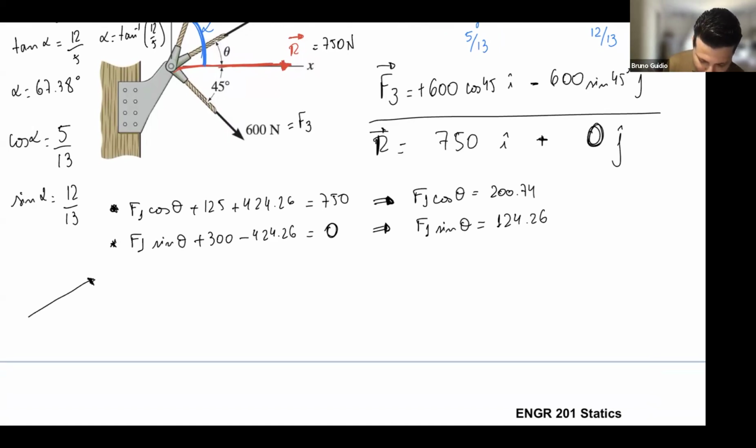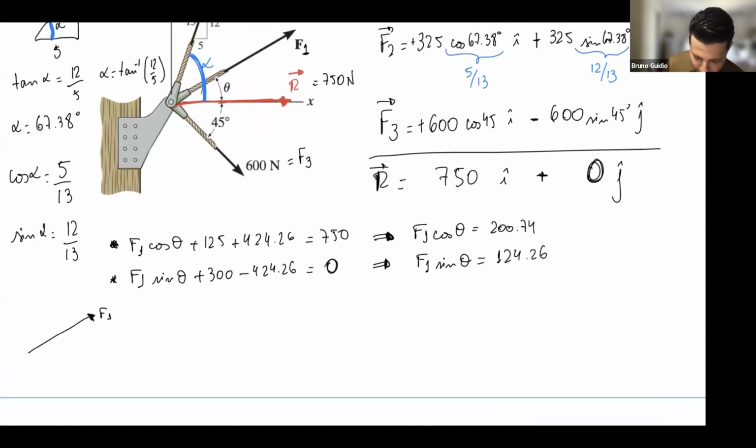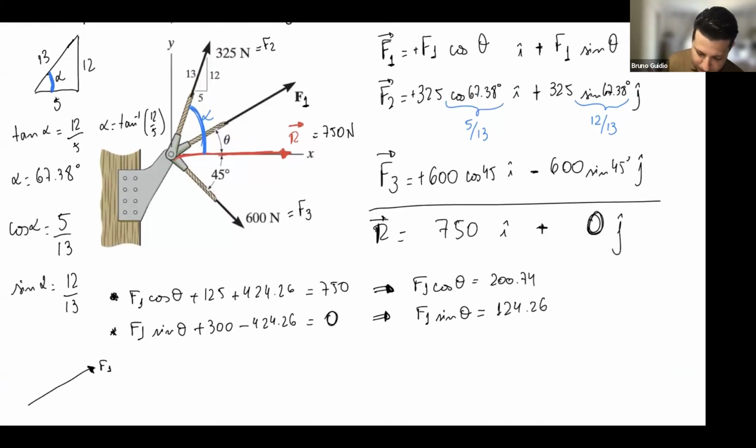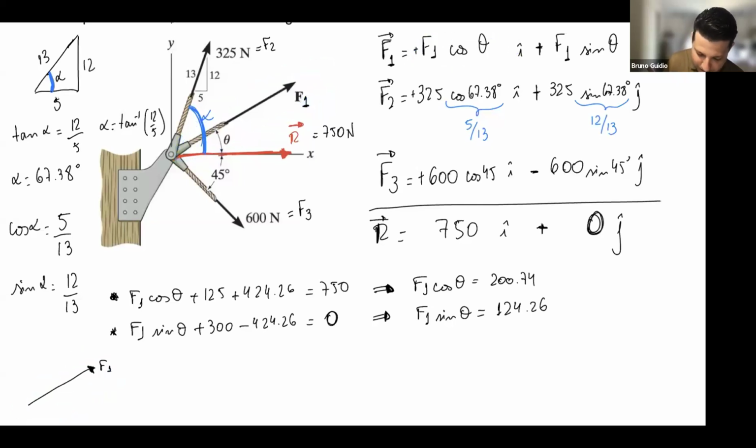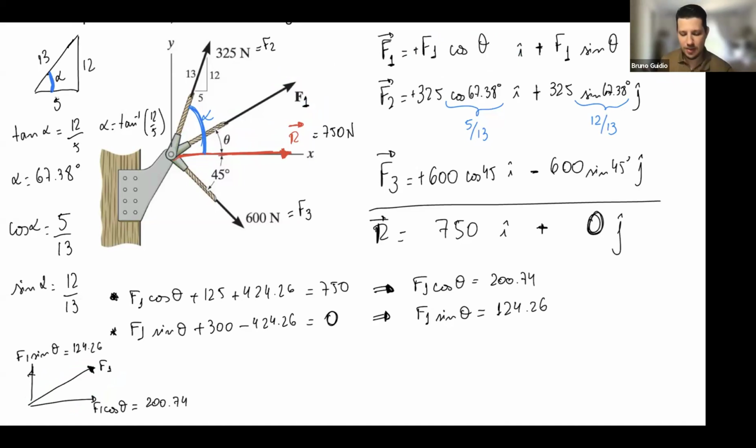If F1 is right here, as we know, F1 cosine is the x component. So right here we have F1 cosine, which is going to be 274. And this one is F1 sine. It's going to be 124.26.